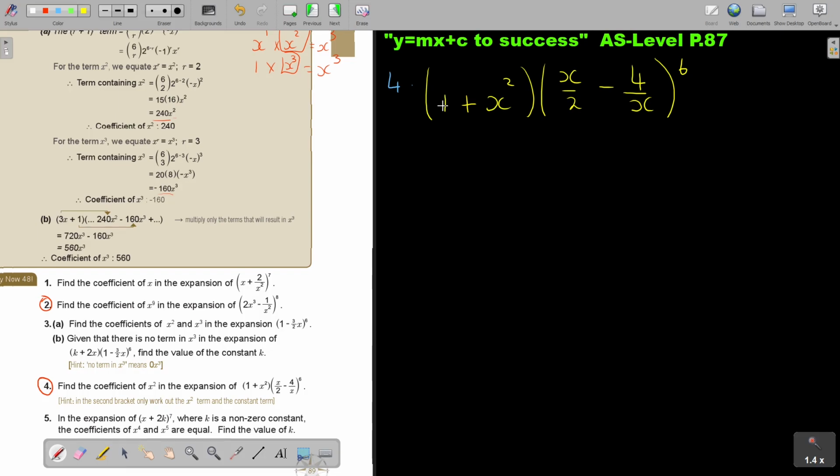So first I still want to have the constant, and I still want to have the x to the power 2. So I work with this bracket. Let's start. I'm going to work just with this bracket first.